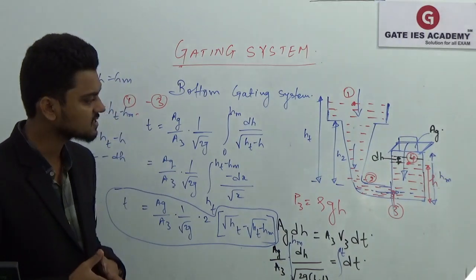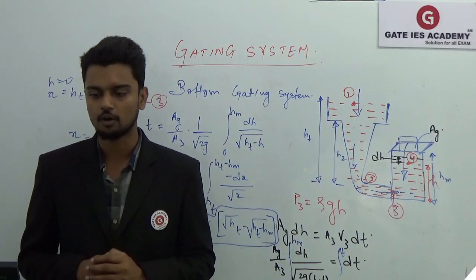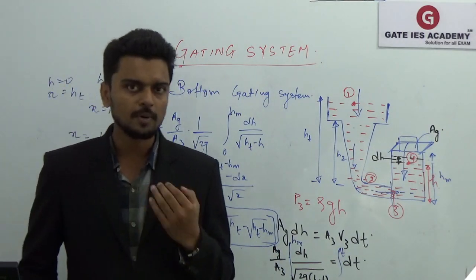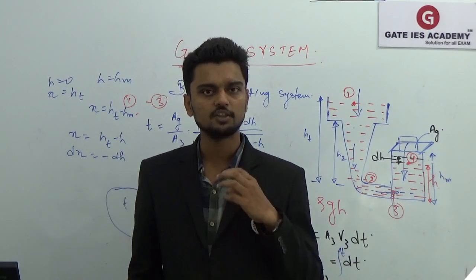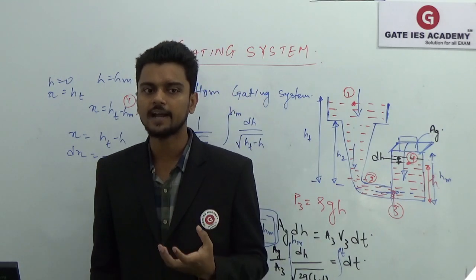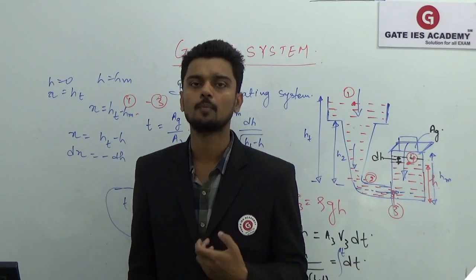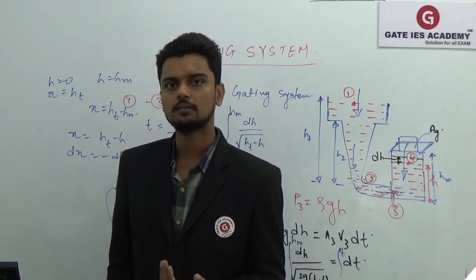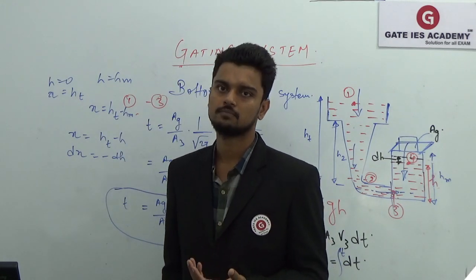Now after bottom gating system we have the side gating system. Now you can see this slide on your screen. In top gating system, what we studied is that the molten metal enters into the cavity from the top. In bottom gating system, we studied that molten metal enters into the cavity from the bottom of your cavity, and the time taken in bottom gating system is greater than the top gating system.